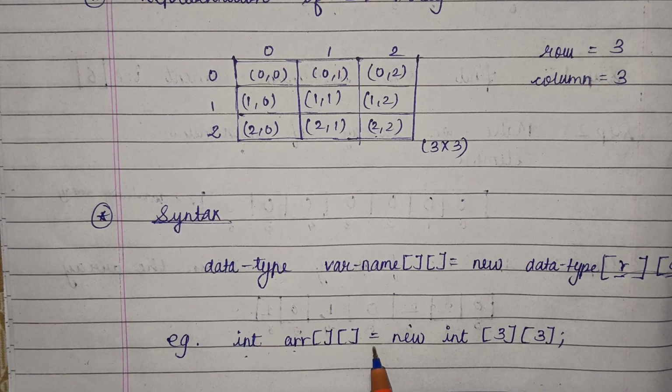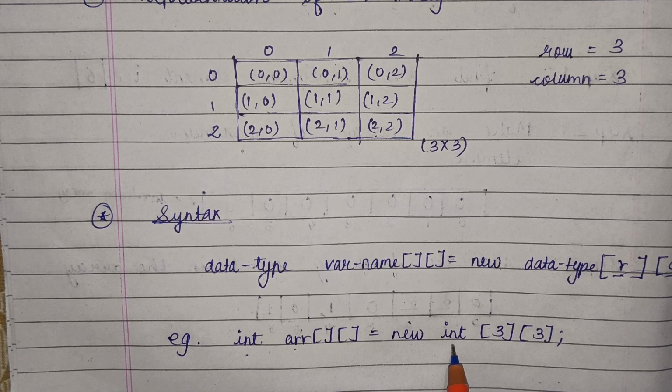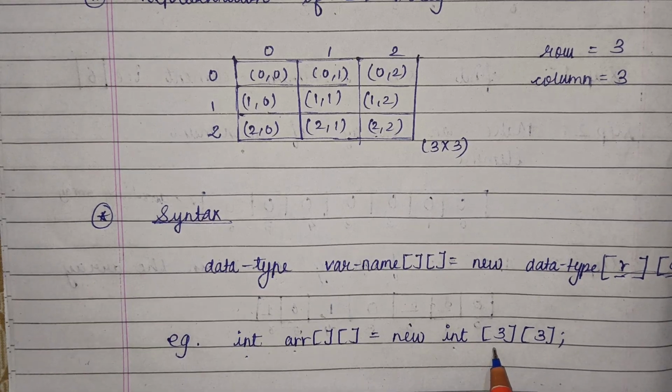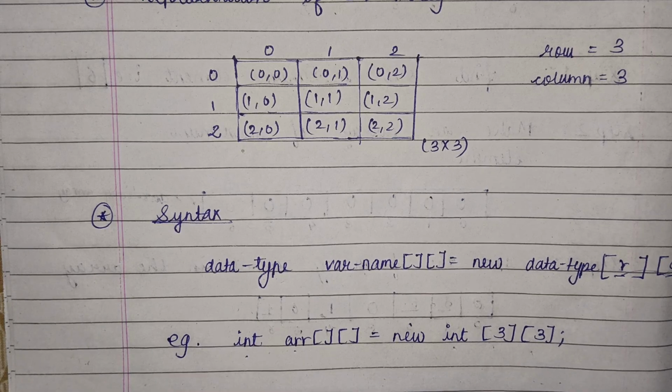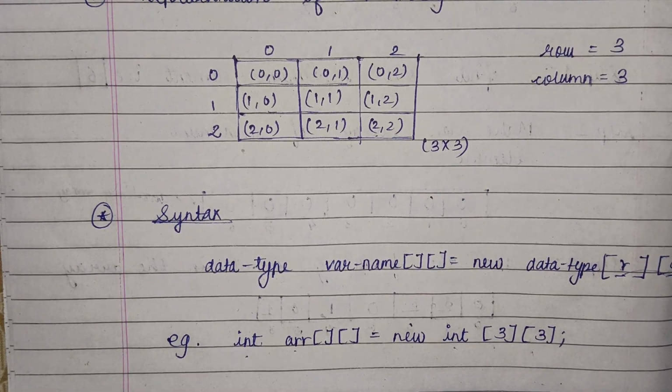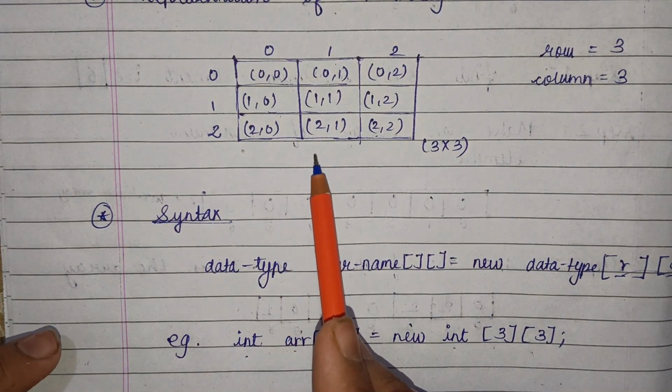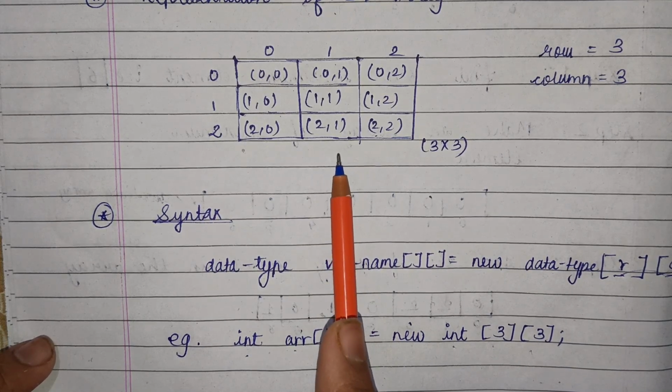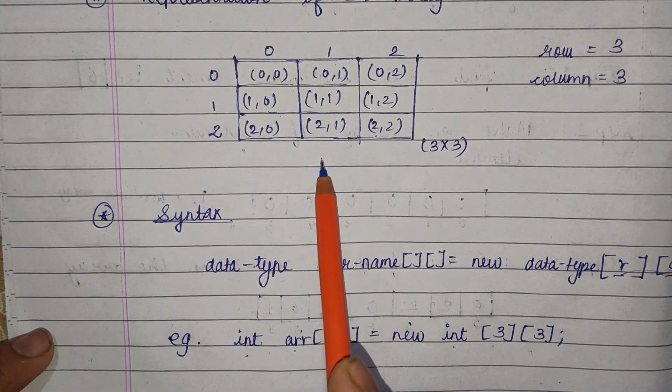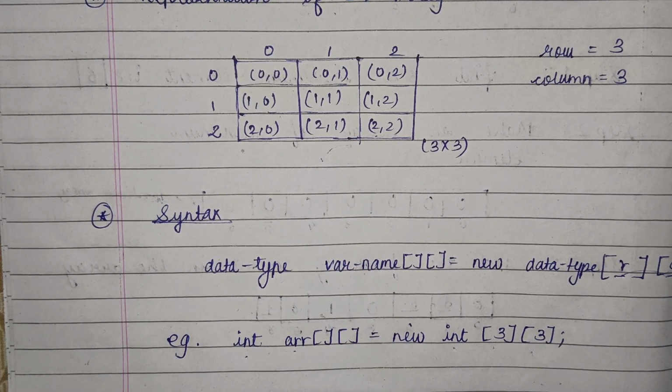Then I have written the new keyword, and again the data type, and here I have given the number of rows and columns we wanted. So I have written 3 by 3. Internally, we have created this 2D array, or we can say the matrix.